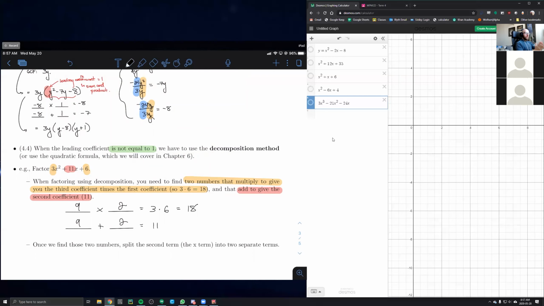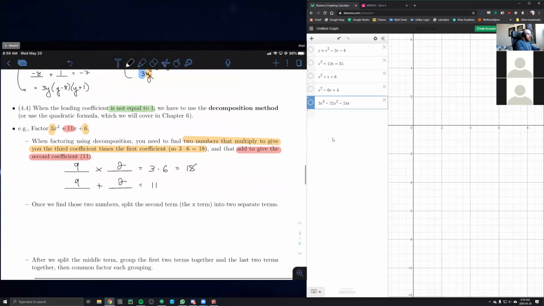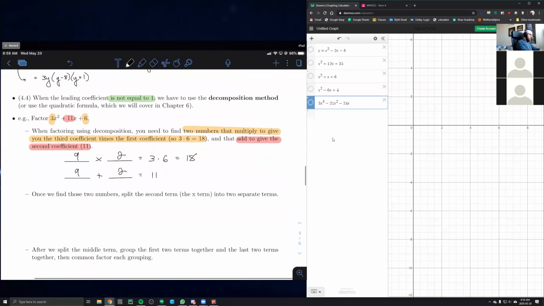Now here's where the differences come about, right? That process is pretty much the same as it was for sum and product, but here's where it gets a little bit more challenging. What we're going to do is split the second term, the term with the single x in it, into two separate terms using the numbers that we just found.